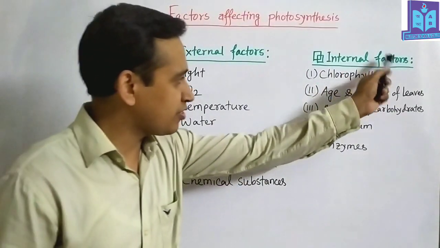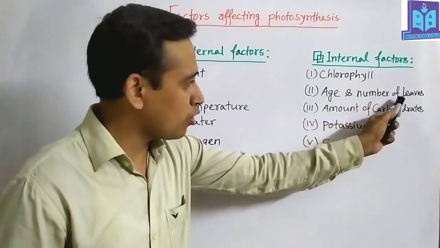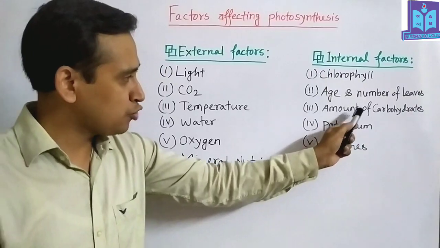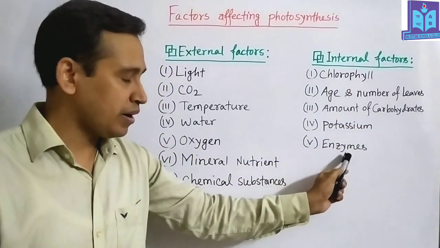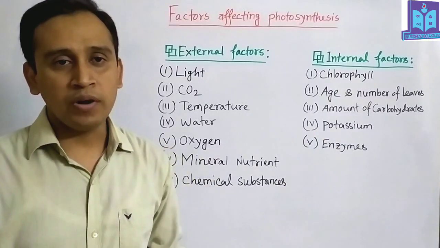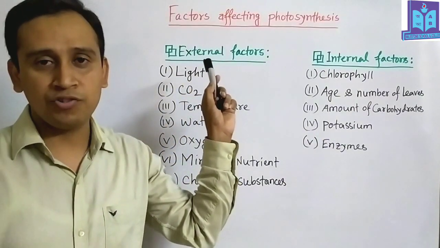And the internal factors are chlorophyll, age and number of leaves, amount of carbohydrate, potassium and enzymes. So at first, let's talk about the external factors.